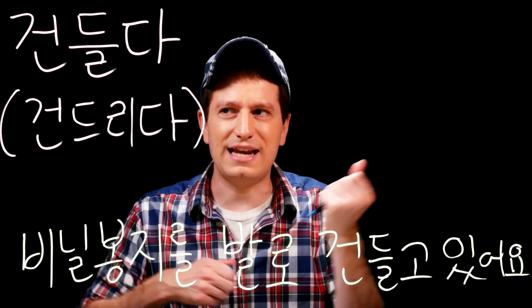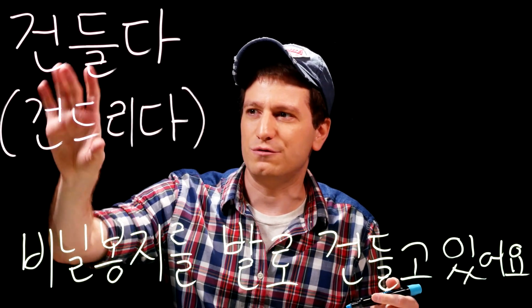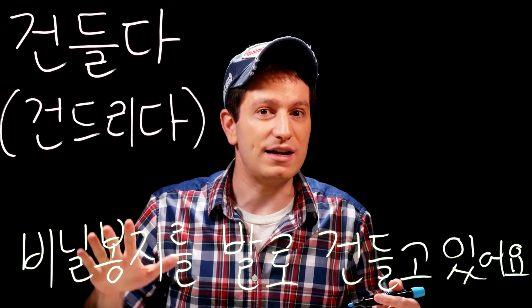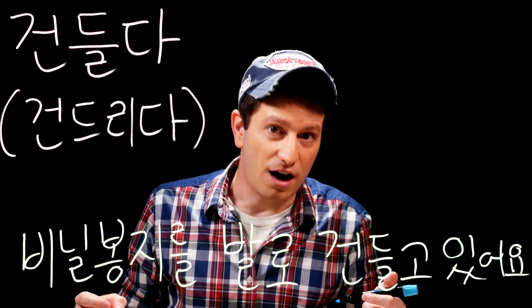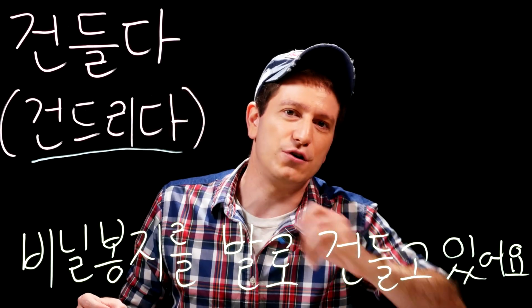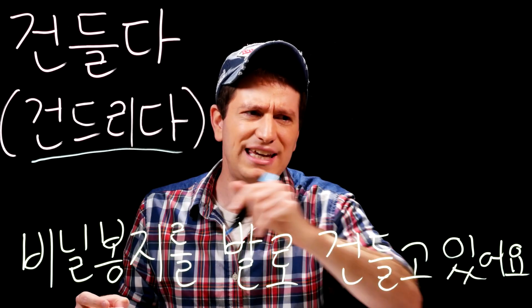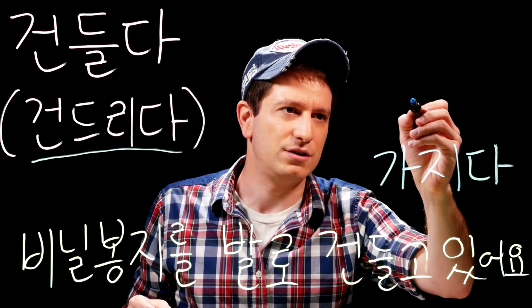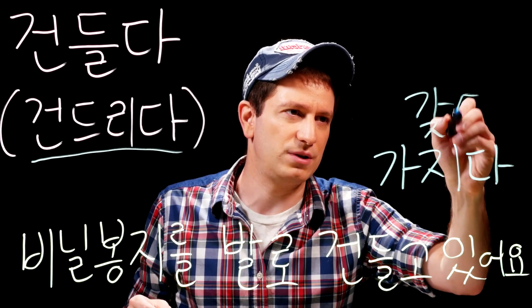Before we go on though, I need to note something very important about verbs that are shortened into other verbs. And this is one example. Anytime you're going to conjugate this in the 요 form, you have to use the full version. And this doesn't only apply here, it also applies to another very common verb, 가지다, which you can also see shortened to 갔다.